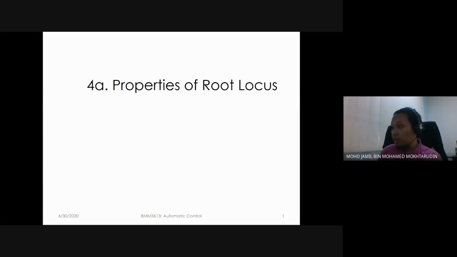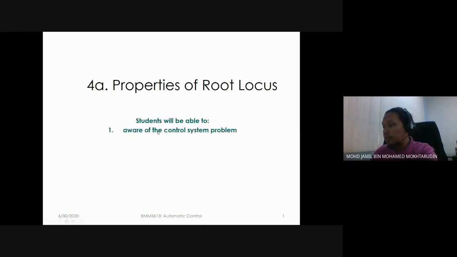Okay. So for today's lecture, we are going to look at the properties of root locus. Students will be able to be aware of the control system problem that requires root locus. And secondly, be aware of the vector representation of complex numbers.